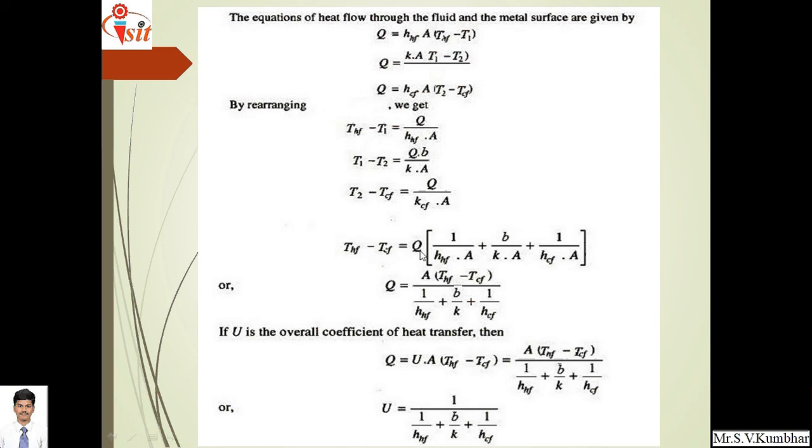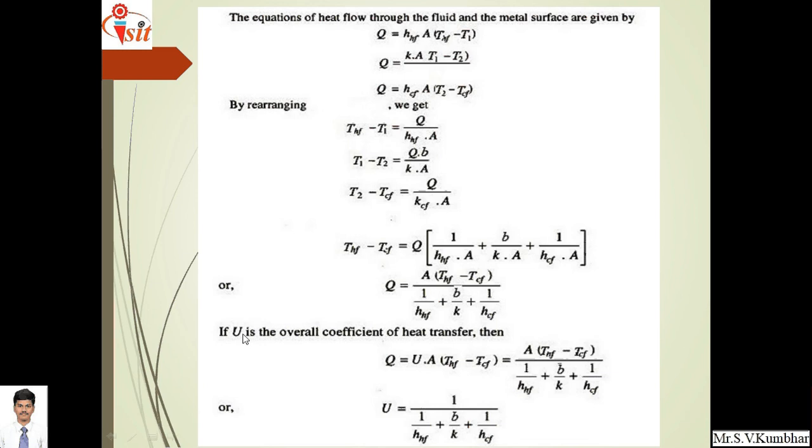Again solving for Q, take this term to the left hand side, it will become Q is equal to A (THF minus TCF) divided by 1 upon HHF plus B upon K plus 1 upon HCF.